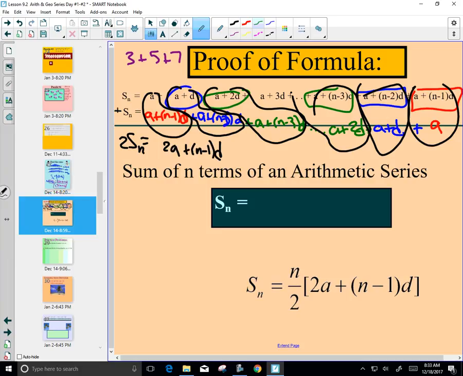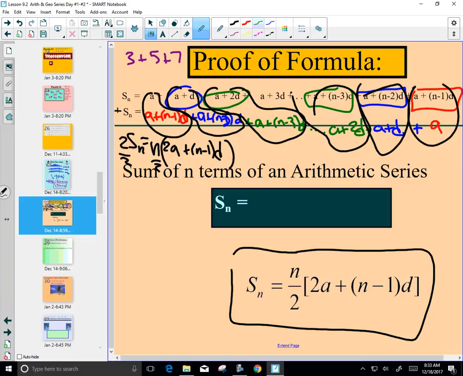Now this one is also 2a, and d times n minus 2d is still n minus 1 d. 2a again, n minus 1 d. And so when we do this, there'll be a total of n of these. Well, if you divide by 2, you're going to get the sum is n over 2 times 2a plus n minus 1 times d. And that's the sum formula.